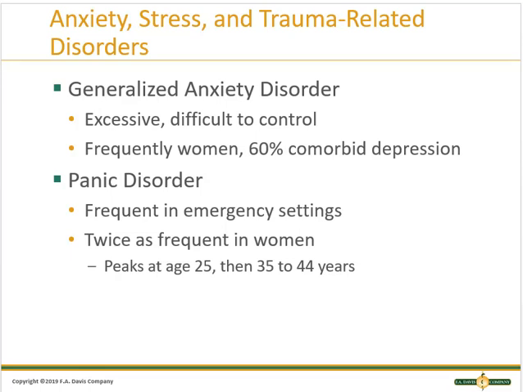SNRIs such as Effexor and Buspar are also helpful in the treatment of generalized anxiety disorder. The goal with all of these medications is to reduce and relieve symptoms to enable the patient to be able to take care of themselves properly and to manage their anxiety. Page 1132 and 1133 has commonly prescribed anti-anxiety medications, so I encourage you to review those.